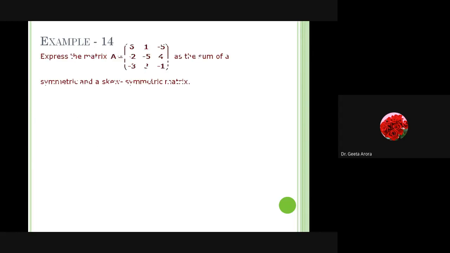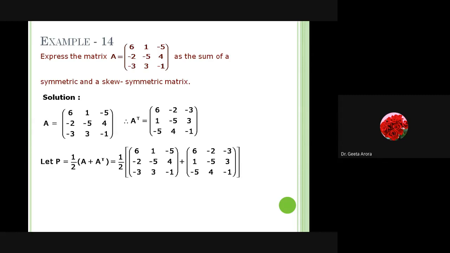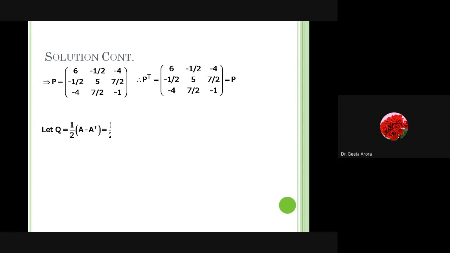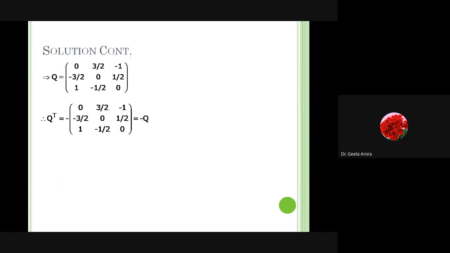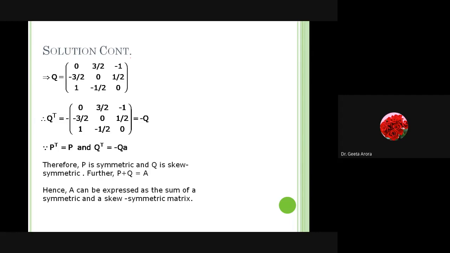Similarly, if we have to express the matrix as a sum of a symmetric and a skew symmetric matrix, obviously we have to go for the theorem. The symmetric matrix can be written as A plus A transpose by 2, and the skew symmetric matrix can be written as A minus A transpose by 2, and you can verify that the sum of the two will give you the matrix itself.